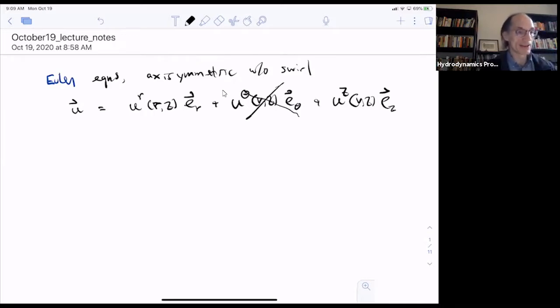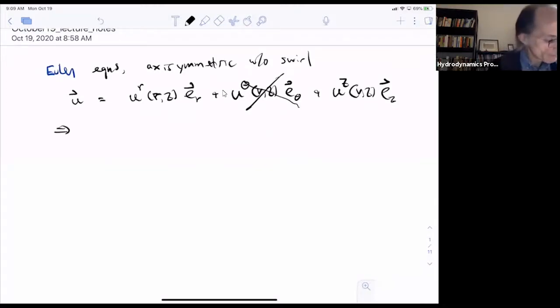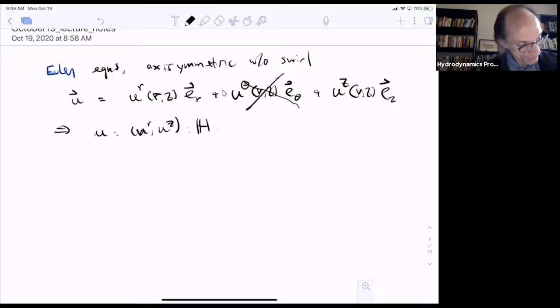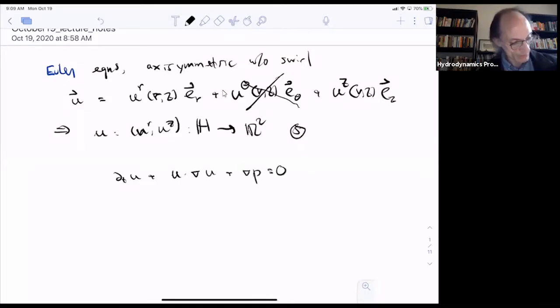We saw that in this setting, and the notation I'm using is that the vector U denotes the vector field on R3, and the U without an arrow on top will denote the thing in the half plane. It satisfies, well, in fact really the same equation. The Euler equation looks exactly the same, and the only thing that changes is the divergence-free condition.